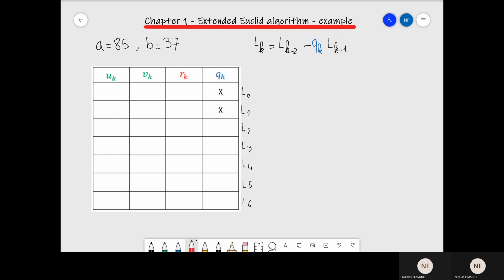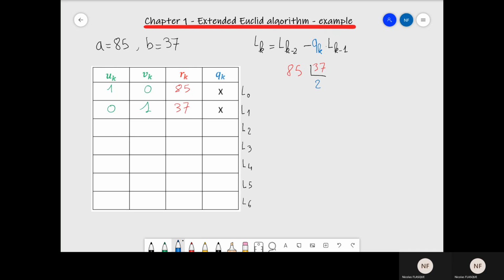We fill the first two lines with the values of a and b in the hierarchy column, then initialize u and v according to what we've seen before.